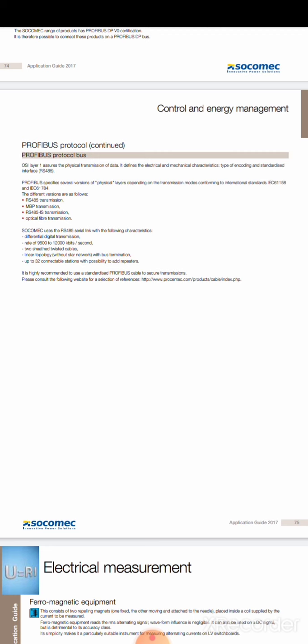Socomec uses the RS485 serial link with the following characteristics: differential digital transmission, rate of 9600 to 12000 kilobits per second, two shielded twisted cables, linear topology without star network with bus transmission, up to 32 connectable stations with possibility to add repeaters.